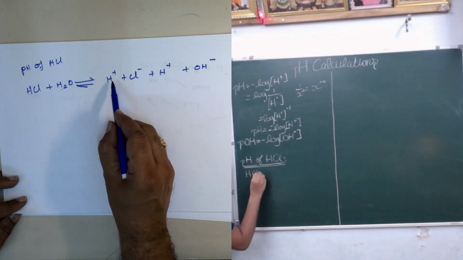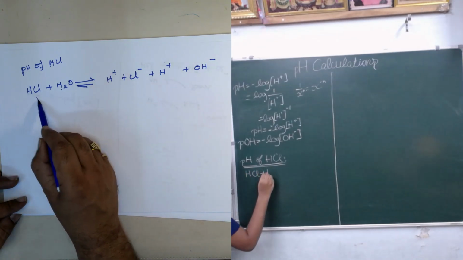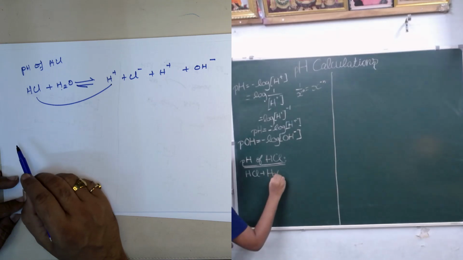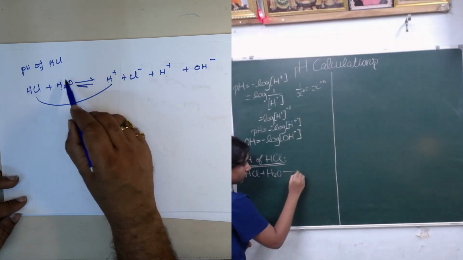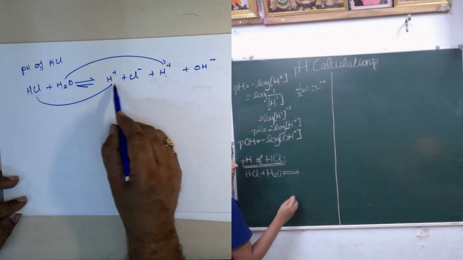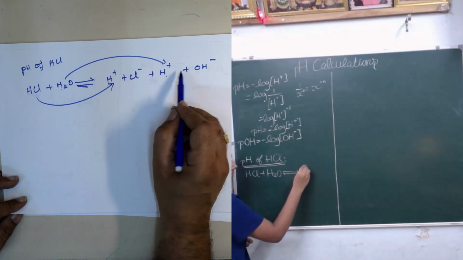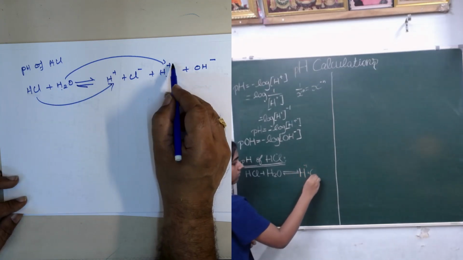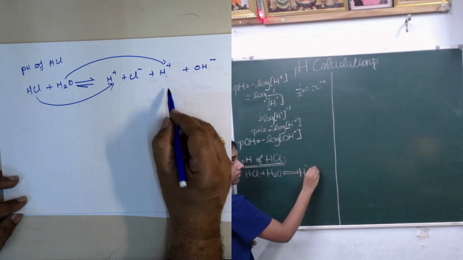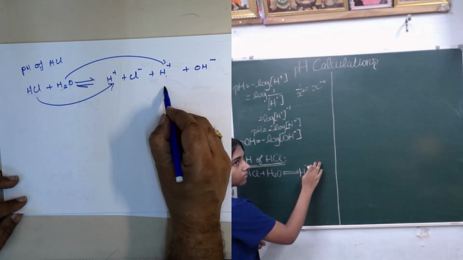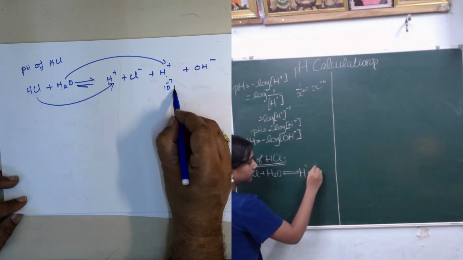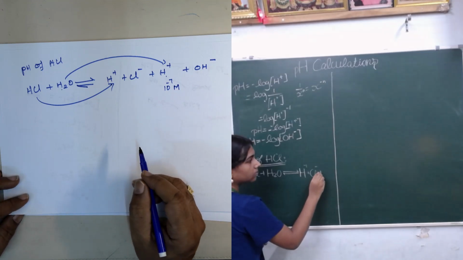In fact, one H plus is due to HCl and the other H plus is due to water. And the concentration of H plus in water is 10 power minus 7 mol per liter, that is molarity.